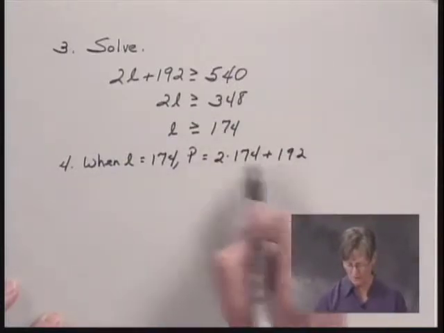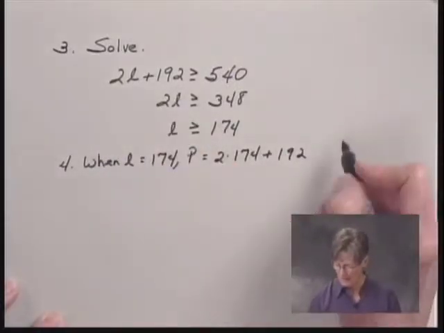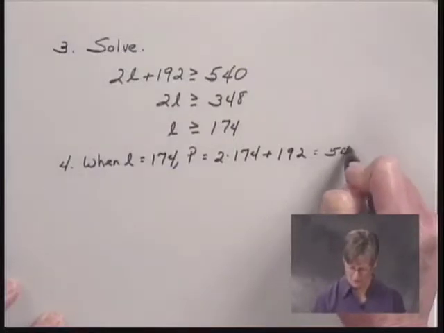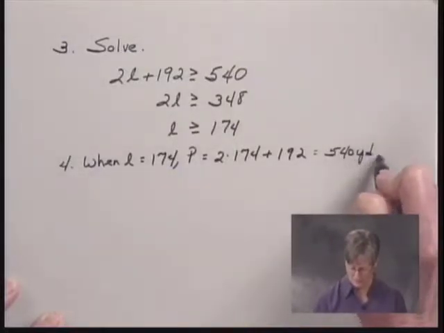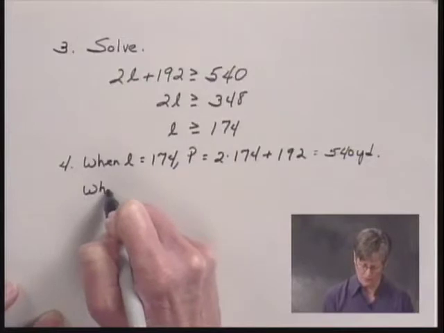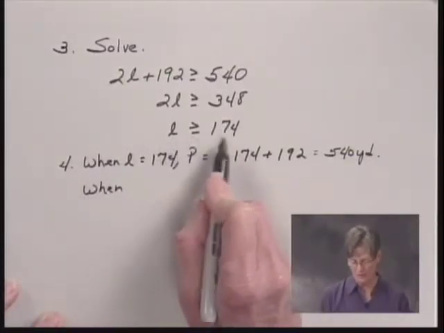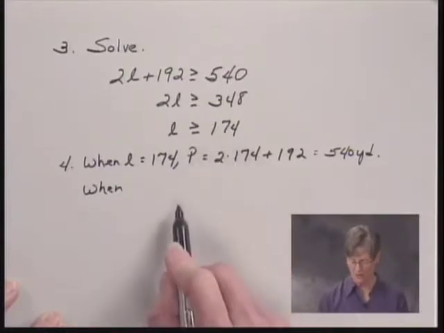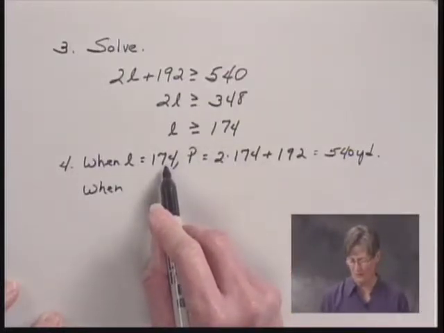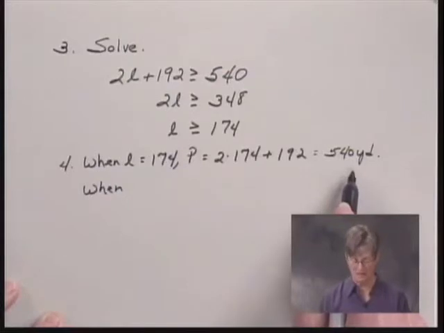It's 2L plus 192, and that is equal to 540 yards. And we're saying that all values greater than or equal to 174 will work in this situation. We've seen when L is 174, we get a perimeter of exactly 540 yards.